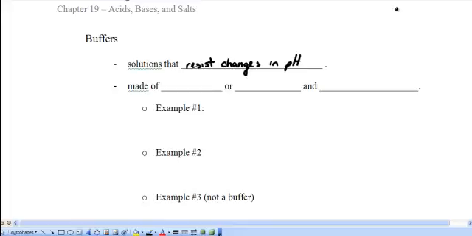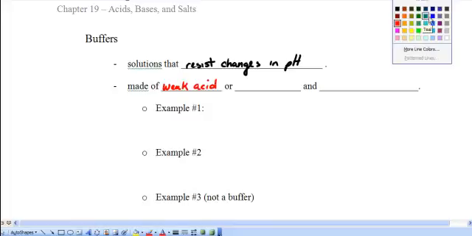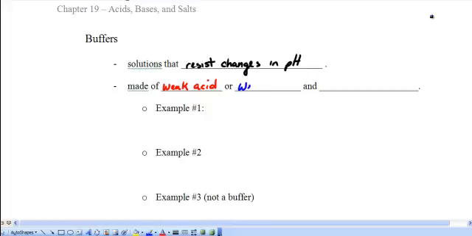Well, you got to use a weak acid, or you have to use a weak base, one or the other, not both. And then here's the key, you have to use their conjugate salt.